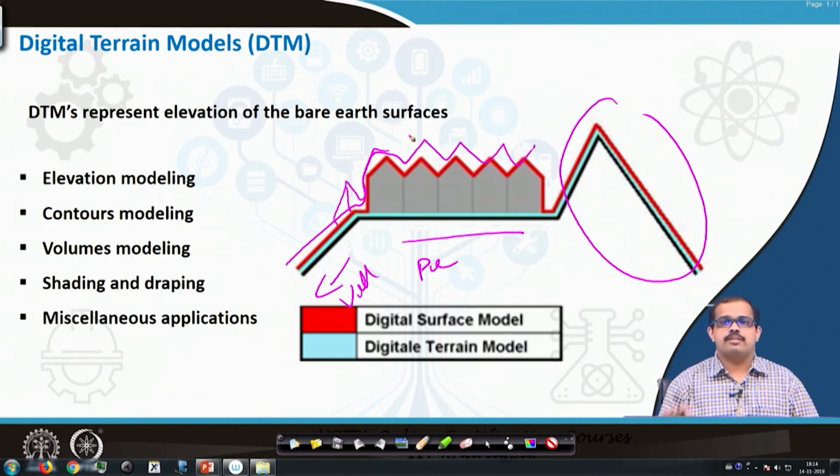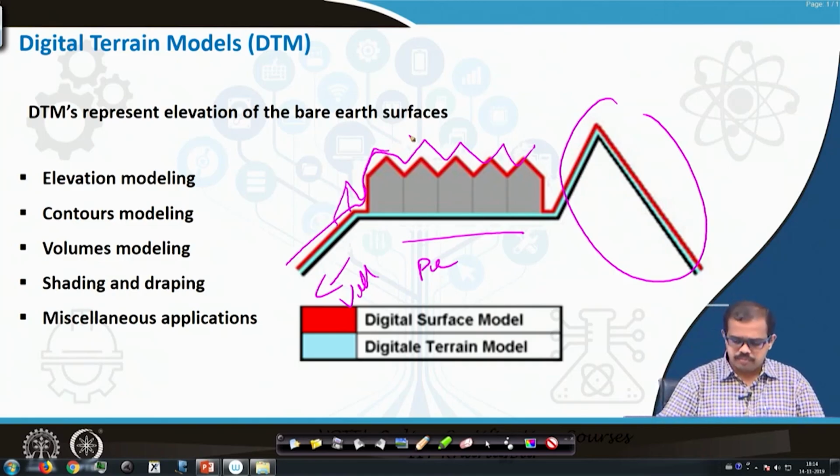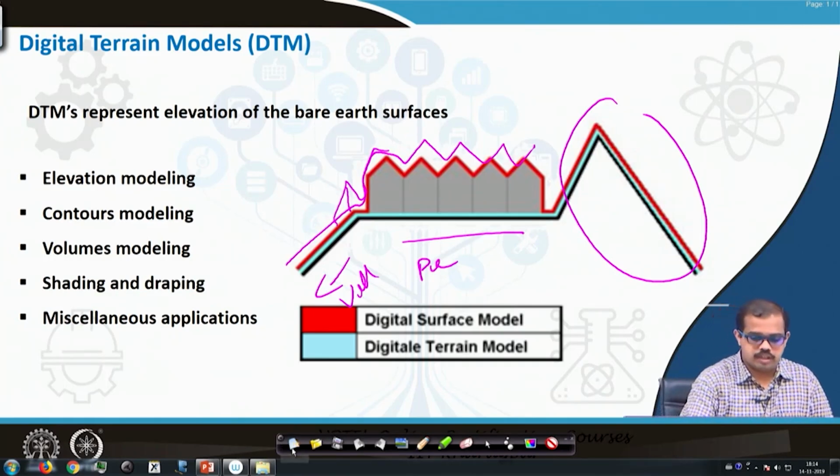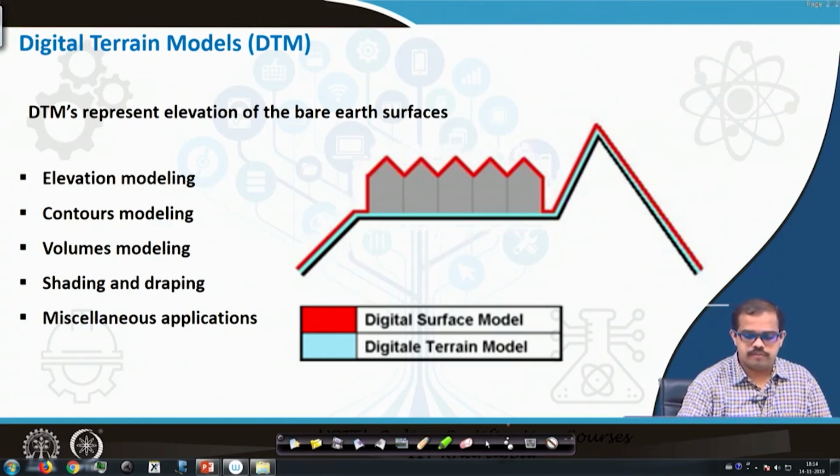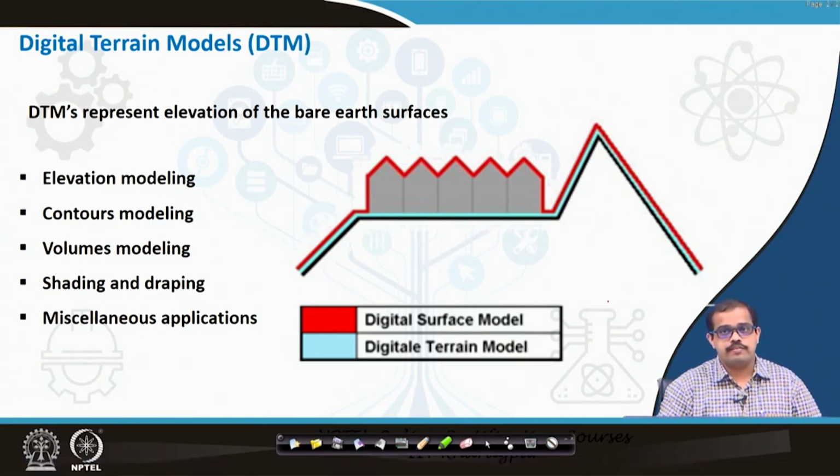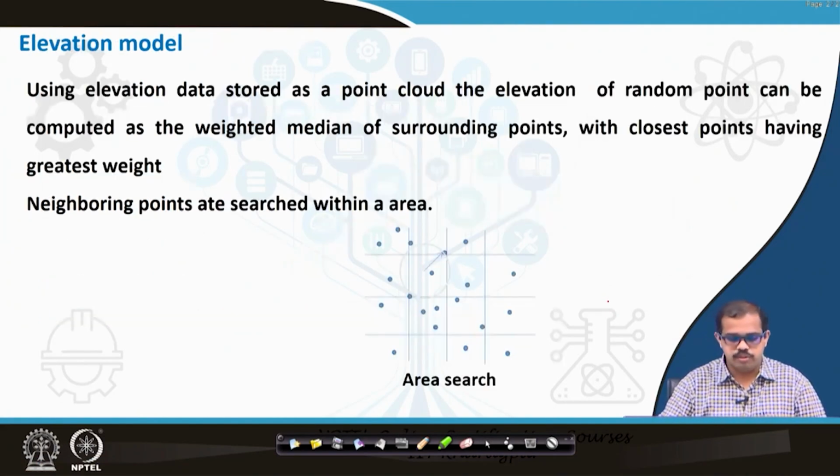That is nothing but a digital surface model. There are various ways of extracting a terrain model and a surface model. If someone is interested, please explore how it is done. That is one of the well known research methods that can be used as input in various kinds of analysis.